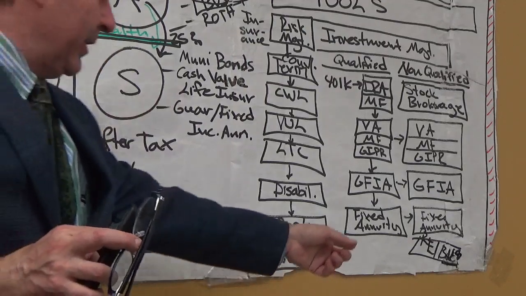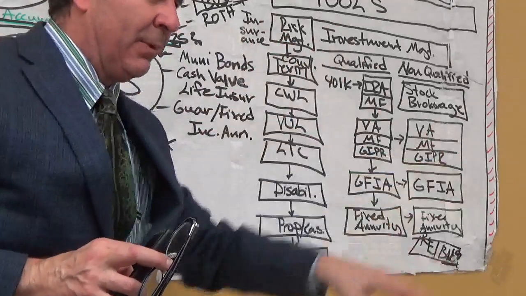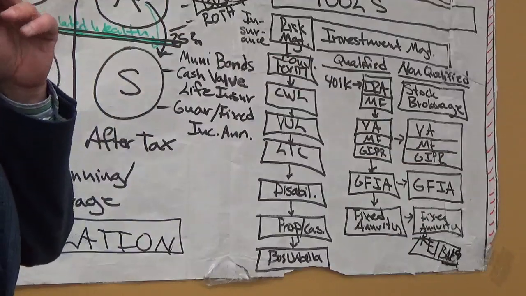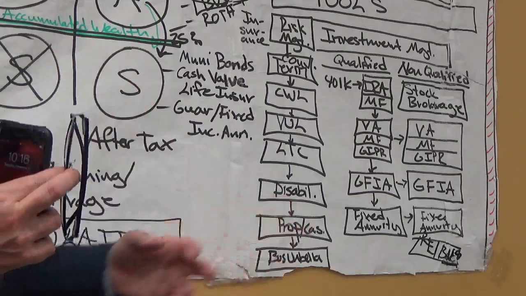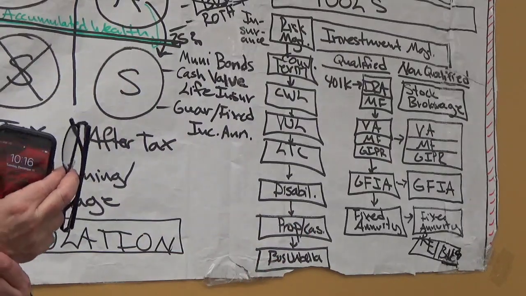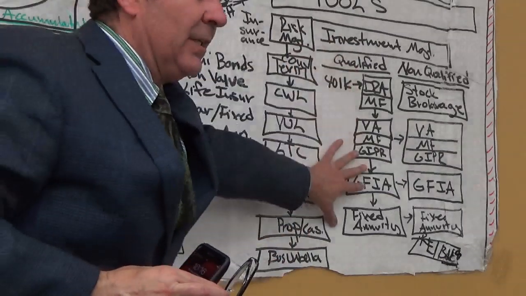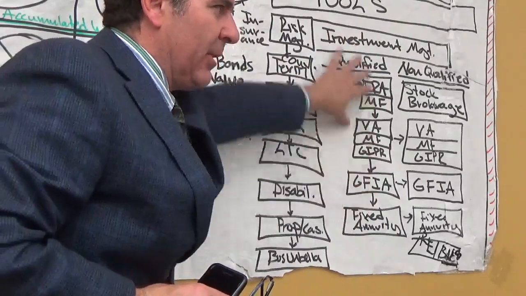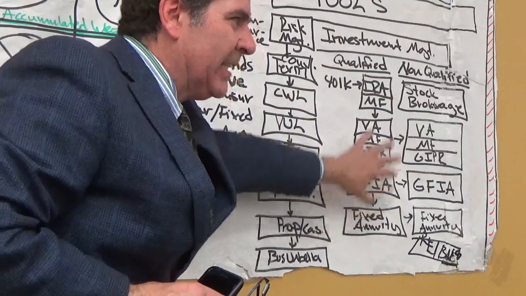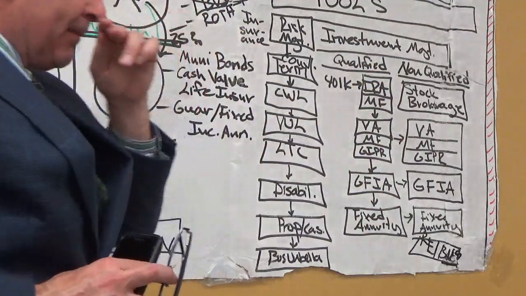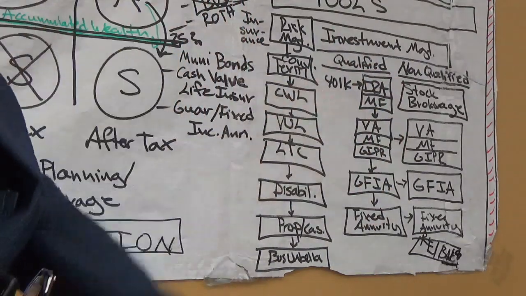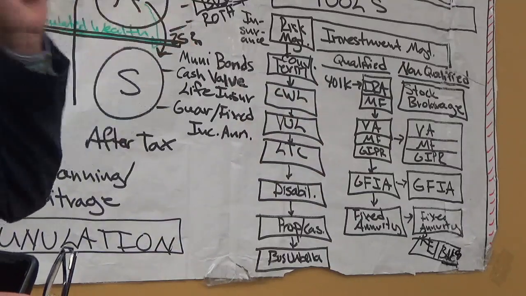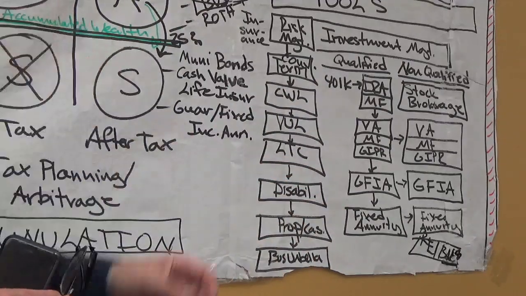And then fixed annuities: when you turn 90, you're not going to have any exposure to the stock market. You're going to have everything in a fixed annuity that will pay you enough to live until you die. Once you're done with this, okay, you're going to max out over here. Because the problem is if you overfund this qualified side, what's going to happen is when you turn 70 and a half, the IRS is going to show up on your doorstep and say, we want our money.